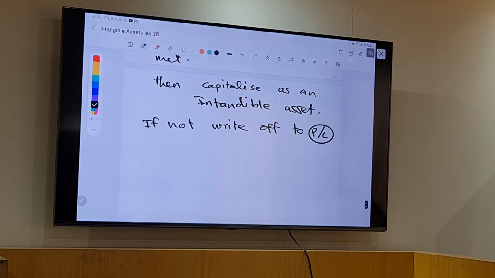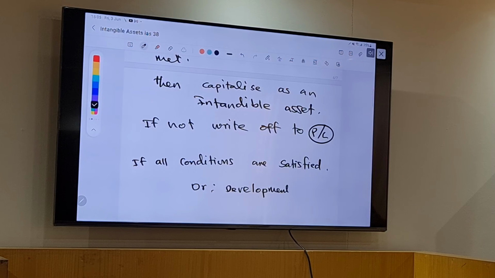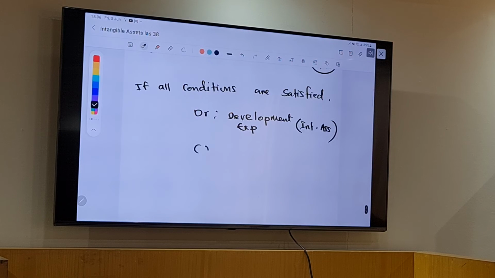So if all conditions are satisfied, debit development expenditure as intangible asset, credit cash.